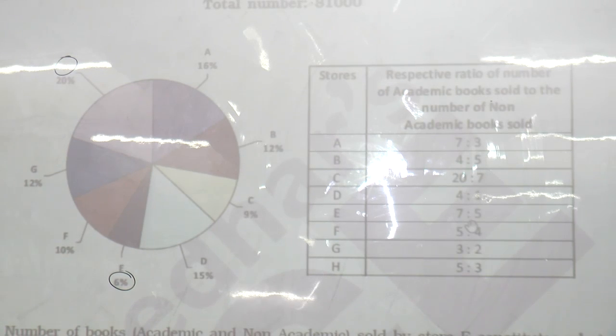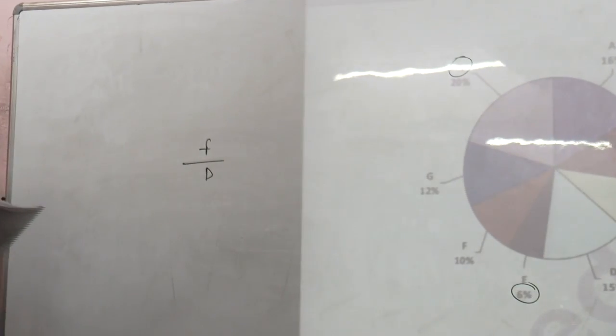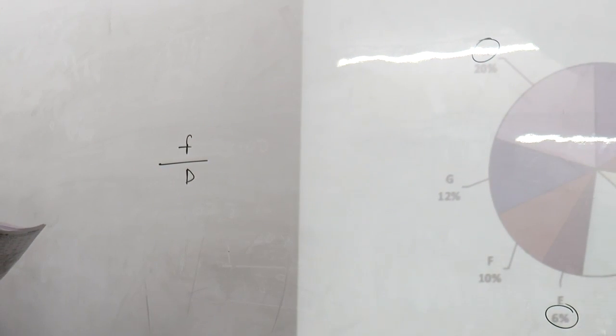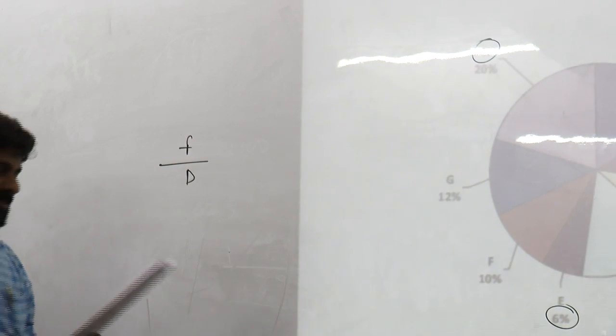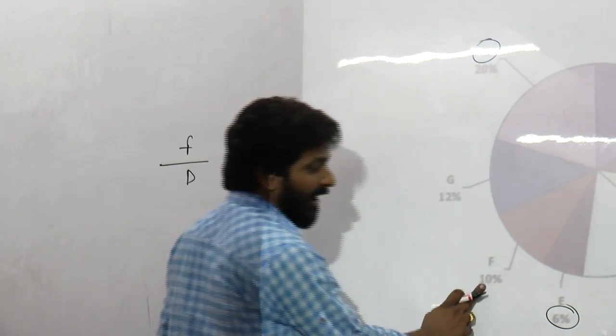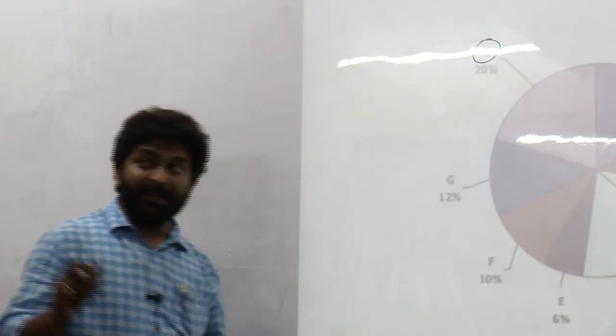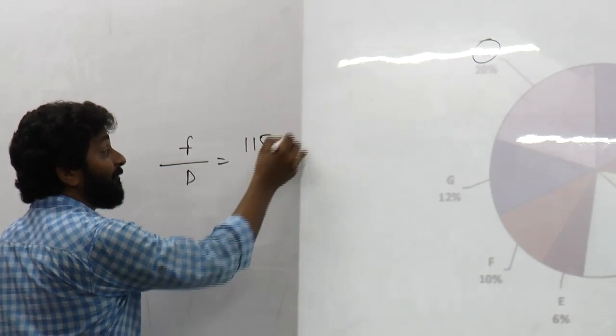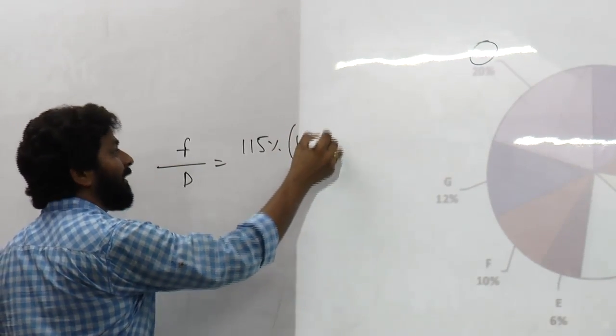Ratio about F and D. Store F, how much do we have? 10%. And it increases by 15%.